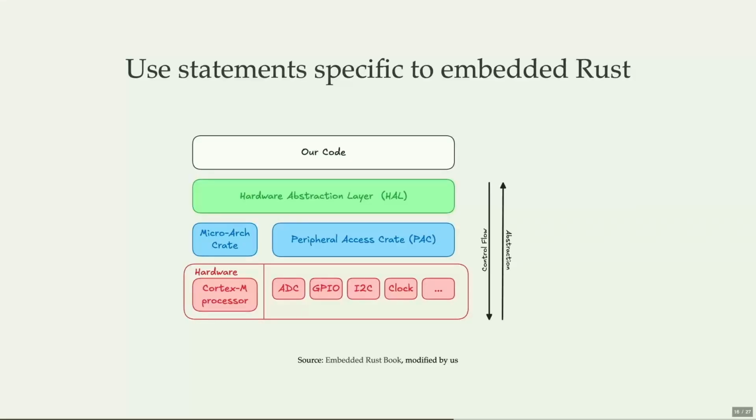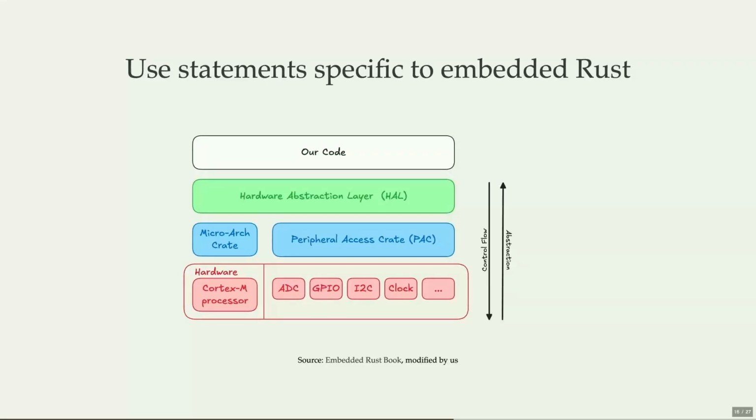If you do a HAL implementation for a specific chip, then you will need to write some unsafe code to call, for example, into the PAC in order to do some register manipulation operations, and these are unsafe. So in this talk, there was no unsafe because we've always been working on top of the hardware abstraction layer, which essentially provides us with a safe abstraction. So we basically cannot shoot ourselves in the foot with that.